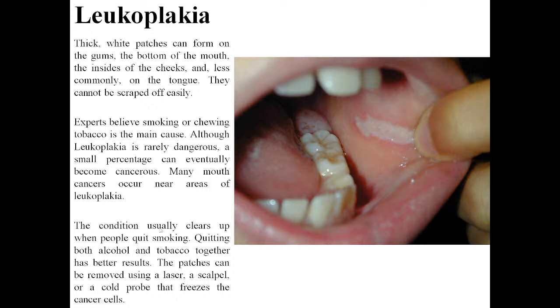The condition usually clears up when people quit smoking. Quitting both alcohol and tobacco together has better results. The patches can be removed using a laser, a scalpel, or a cold probe that freezes the cells.